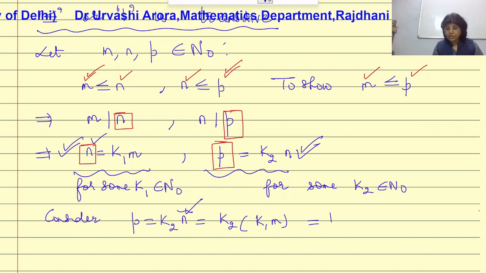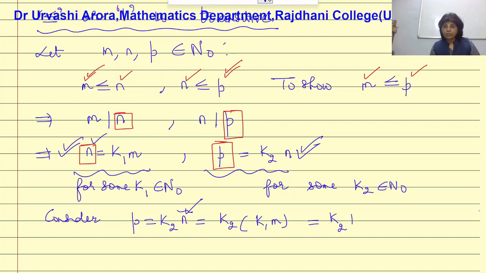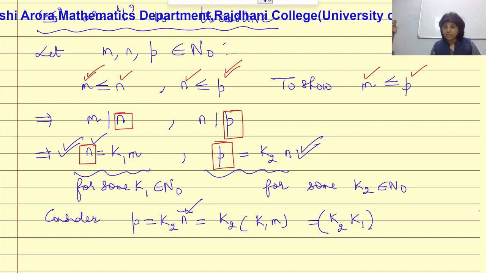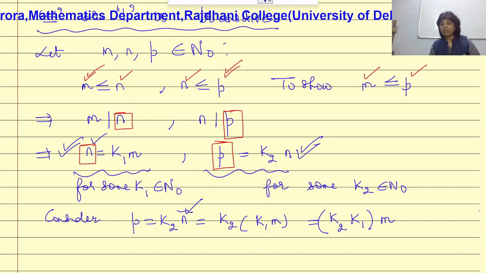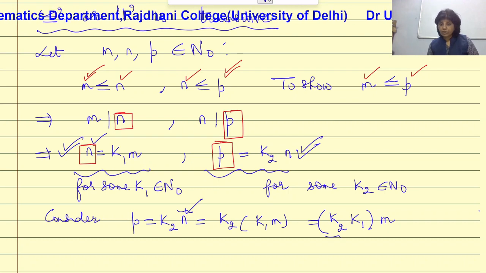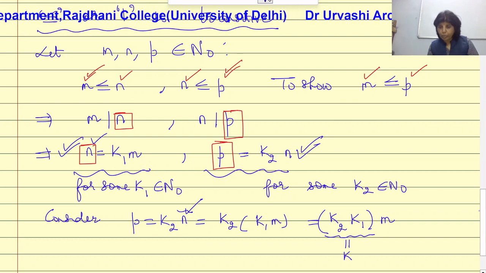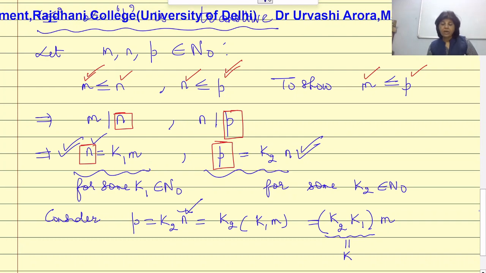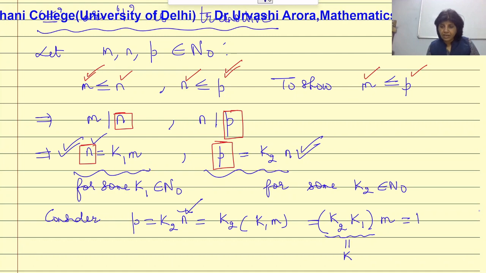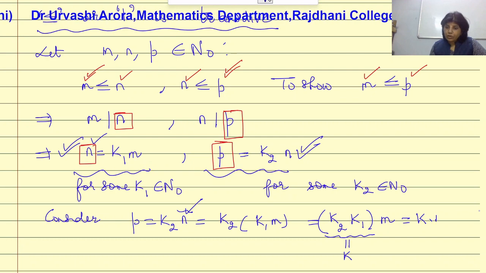And now by associativity, because everything is happening in the set of whole numbers, and in the set of whole numbers associativity holds, I can change the order of the brackets. So k2 into k1m can be written as k2 k1 into m, and now this particular product, k2 into k1, can be written as k, just for simplicity, because I don't want to write this again and again. So this product k2 k1 can be written as k into m.